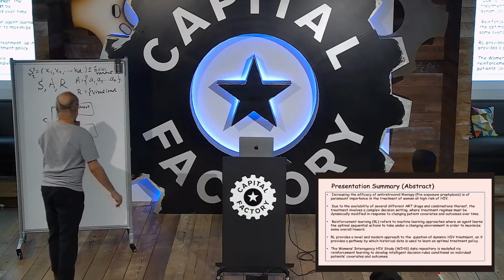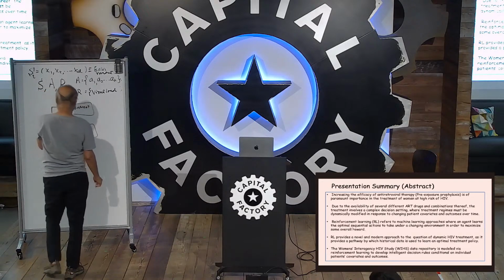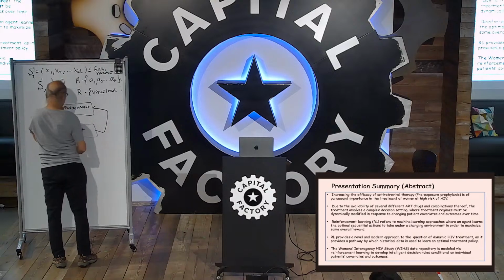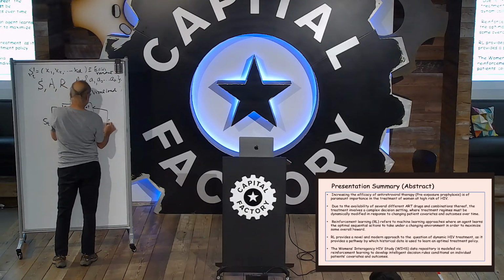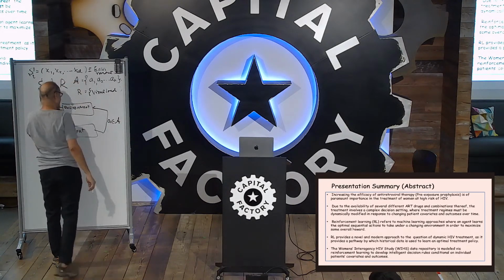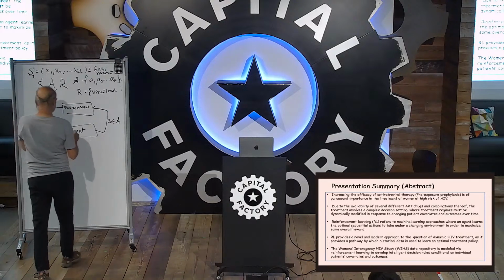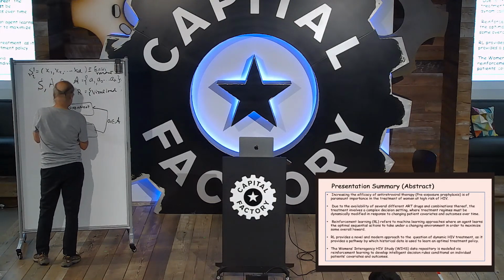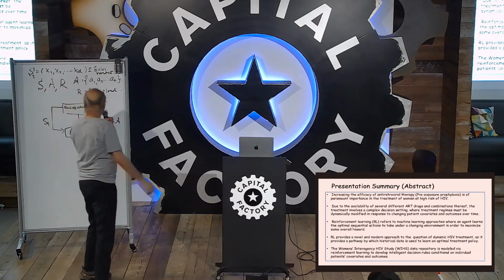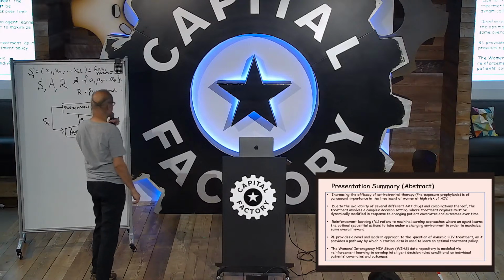This is a picture you probably have seen 2,000 times. And then this loops back, and then it picks up an action from this action set A, and this I will denote by script A here. And so what happens is that the environment also sends a scalar variable R, which is the reward, and this cycle repeats.